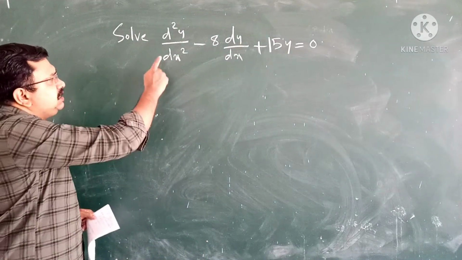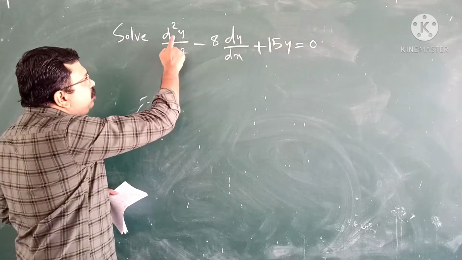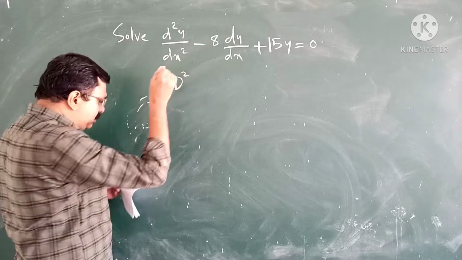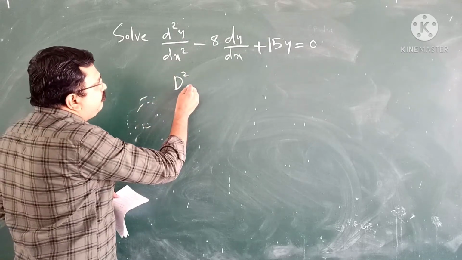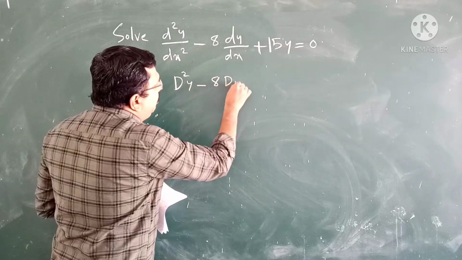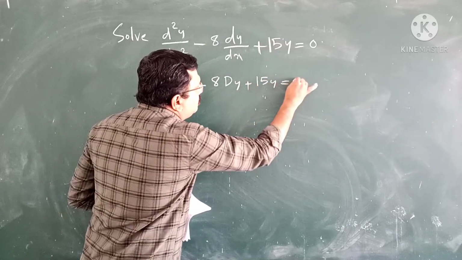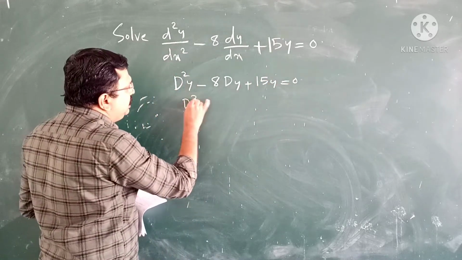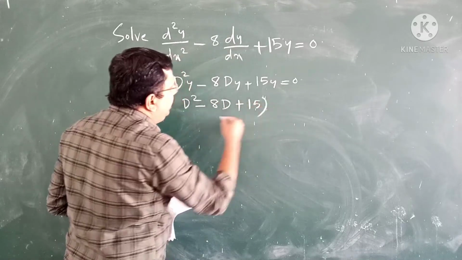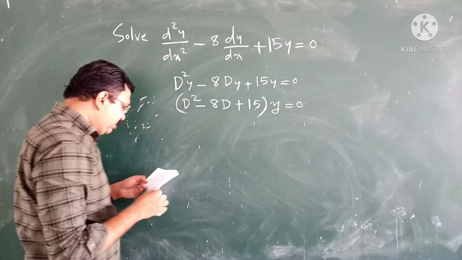Okay. This given equation can be written in the form, we know that d square y by dx square can be written as D square y. So D square y minus 8 Dy plus 15y equal to 0. That means (D square minus 8D plus 15)y equal to 0.